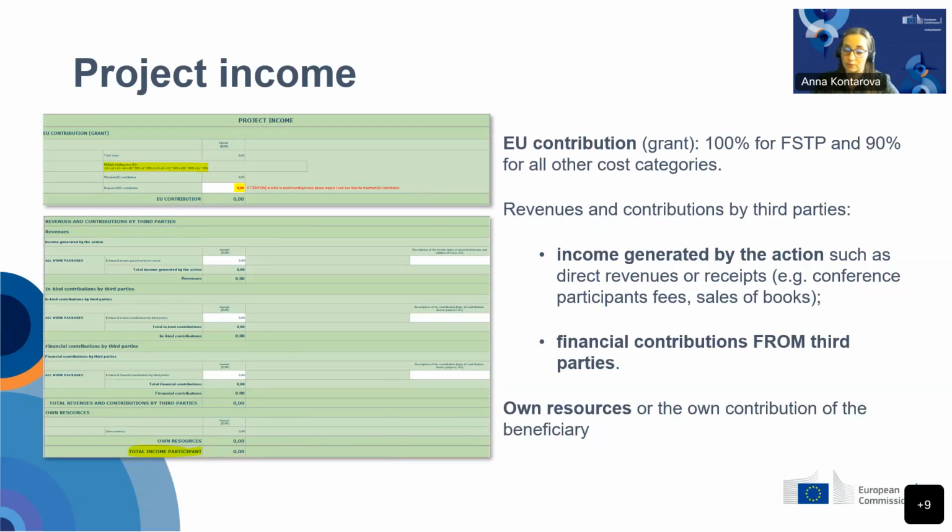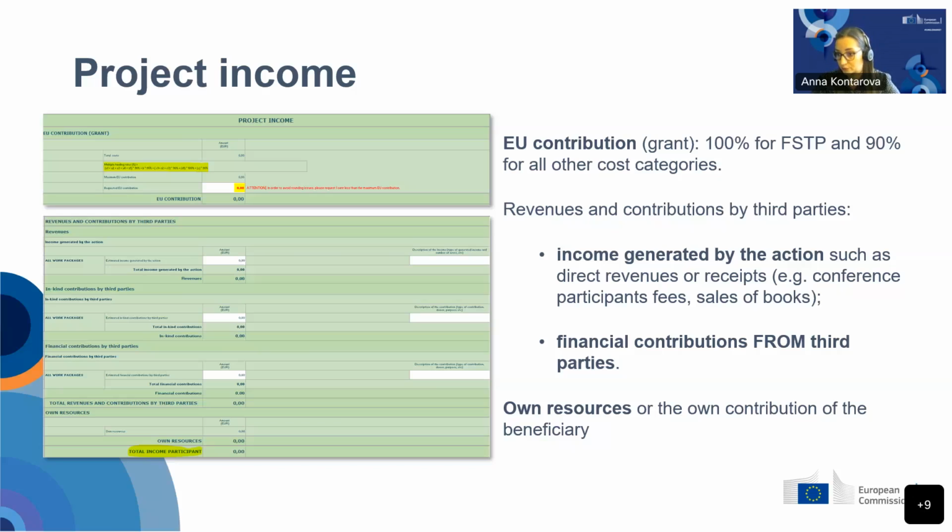So the majority of your project income will be basically covered by the EU contribution or grant which you are applying for, and it is calculated by multiple funding rates, 100% reimbursed for FSTP and 90% for all other cost categories. But in case EU grant does not cover the whole amount, you will have to introduce revenues or even own resources. So what revenues or contributions you can have?